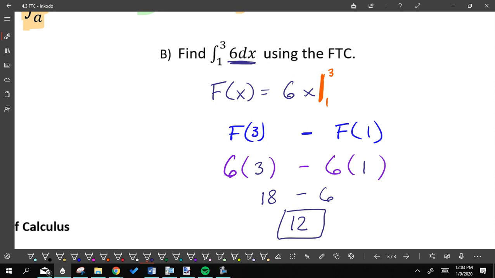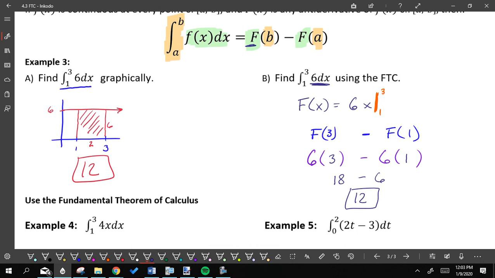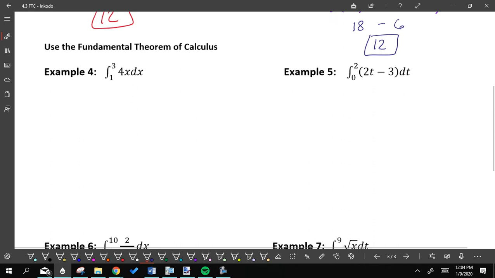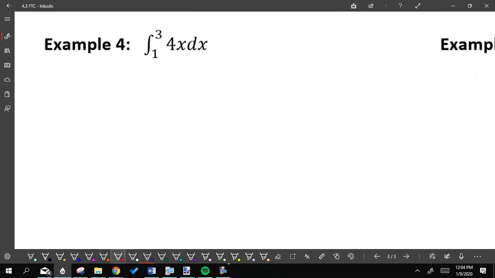Let's do it. Example 4. We're using FTC to solve the integral from 1 to 3 of 4x dx. So to do this, just like before, we're going to start off by finding the antiderivative. So if I'm finding the antiderivative of 4x, Jacoby, what would my new exponent be? Yep, add 1 to my exponent to make it 2, and then my new leading coefficient, 2.